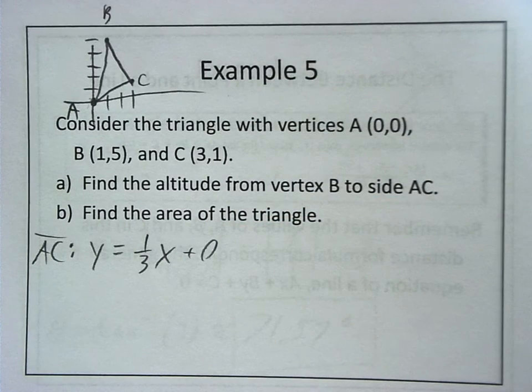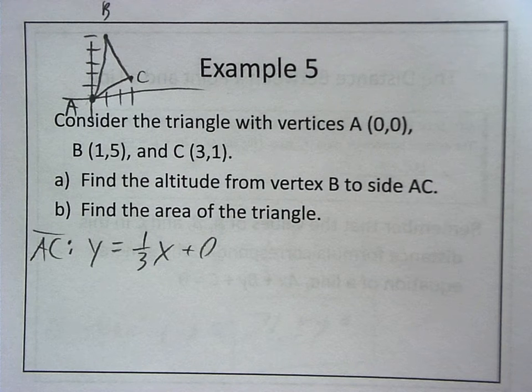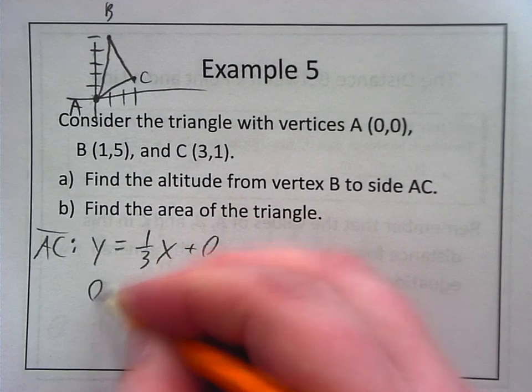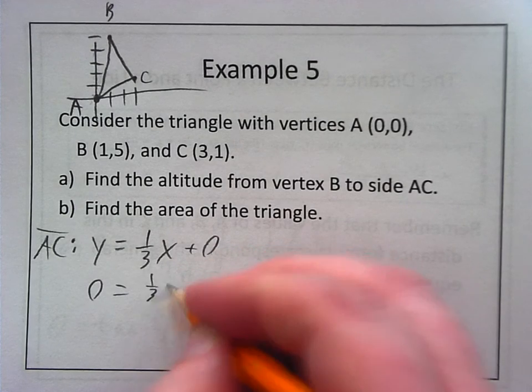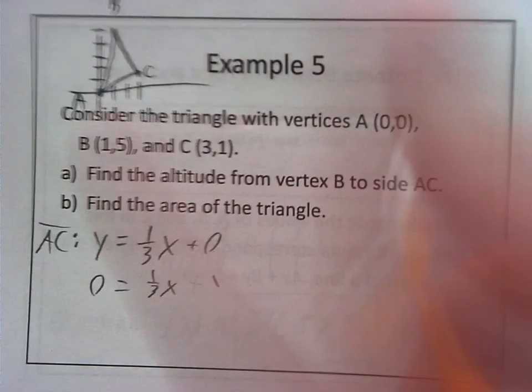Now, I need to do something with this next, though. Which is what? Put it in standard form, sort of. I need to get everything on one side. So what would you want to move? The y over. That gives me 0 is equal to 1/3 x minus y, plus the 0.